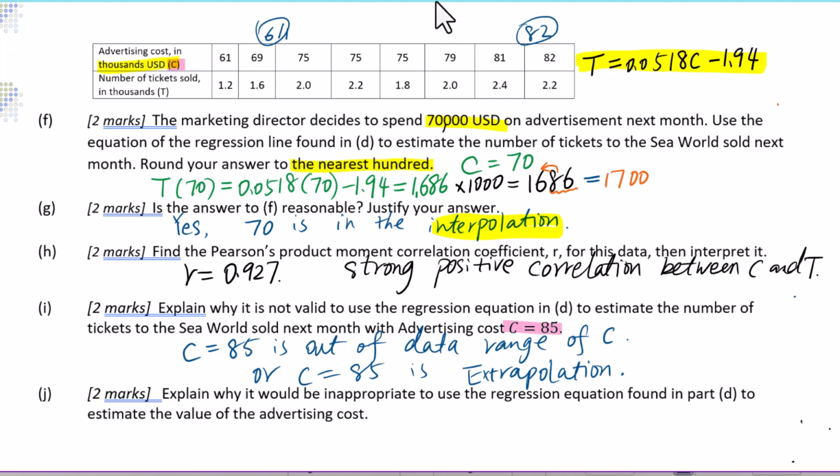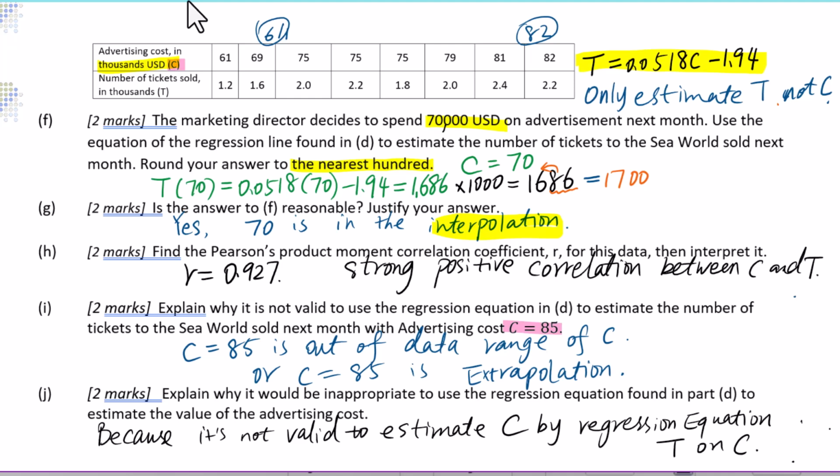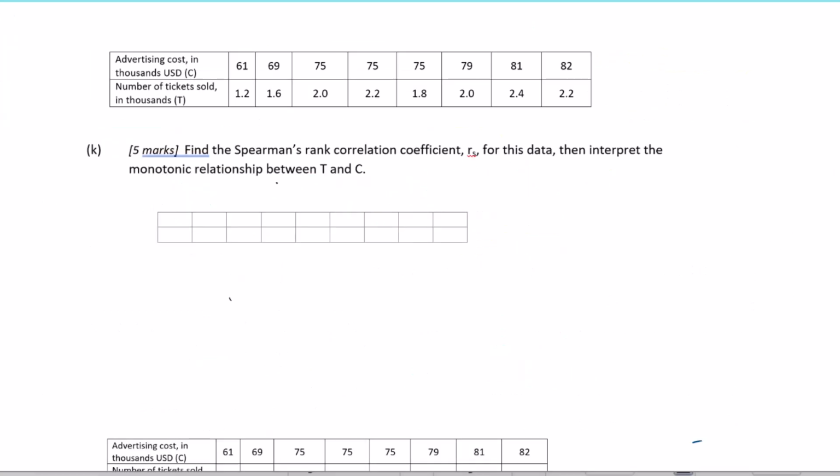For this given regression equation, only estimate T, not C, because it's not valid to estimate C by regression equation T on C. Let's go to K. Find the Spearman's rank correlation coefficient, R sub S, for this data, then interpret the monotonic relationship between T and C.